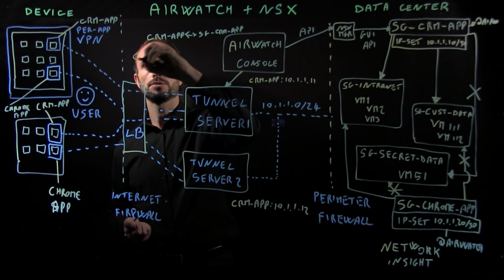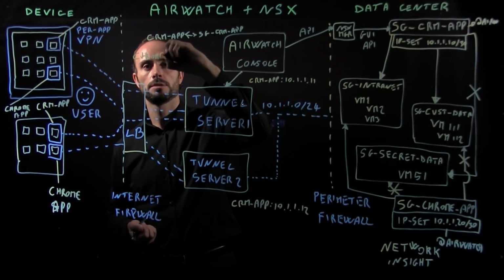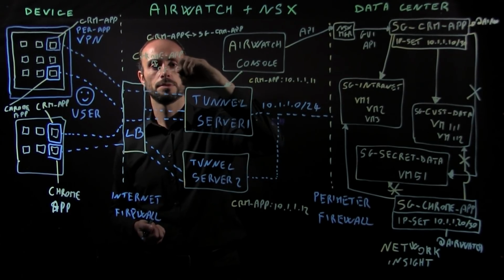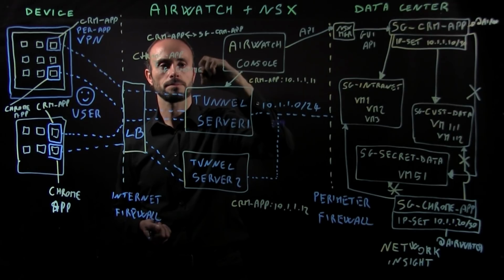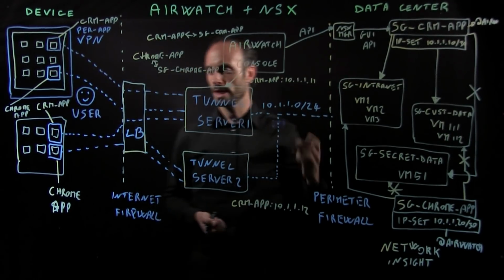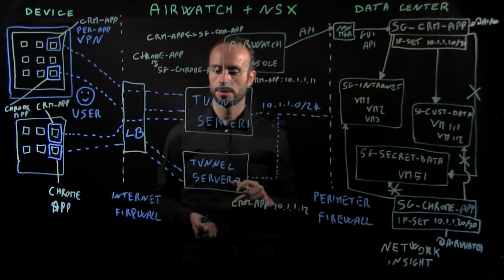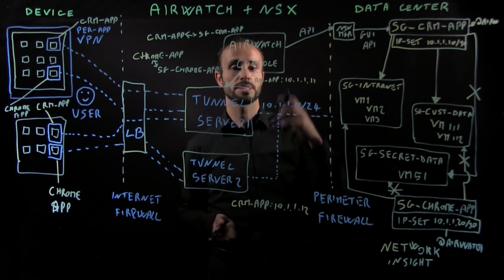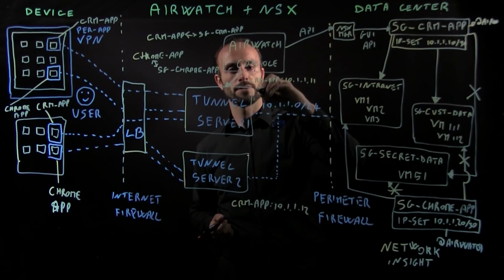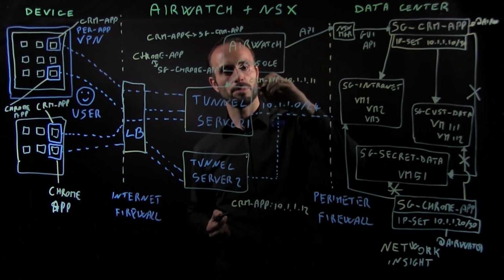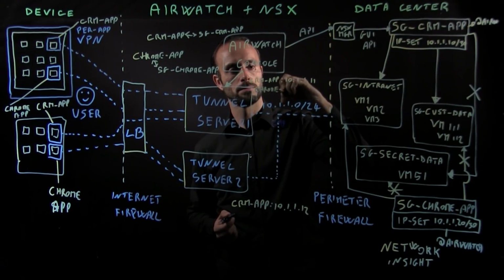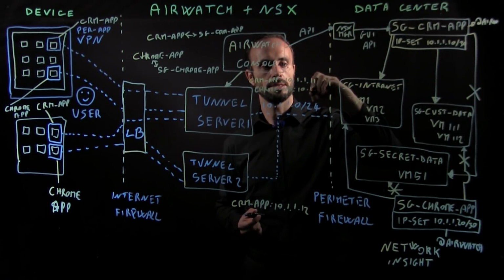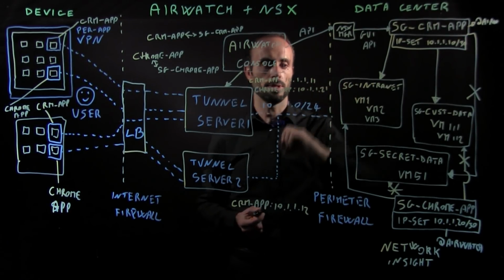The operator is going to associate the Chrome app to the security group Chrome app. This way, as soon as the application is established, the tunnel servers are going to make a new association, to make a new source NAT from the Chrome app using the second available IP address, 10.1.1.21.